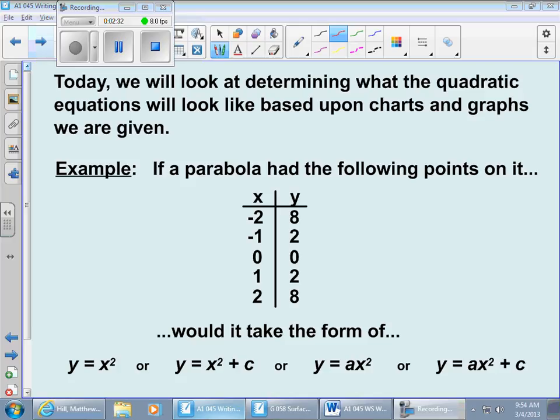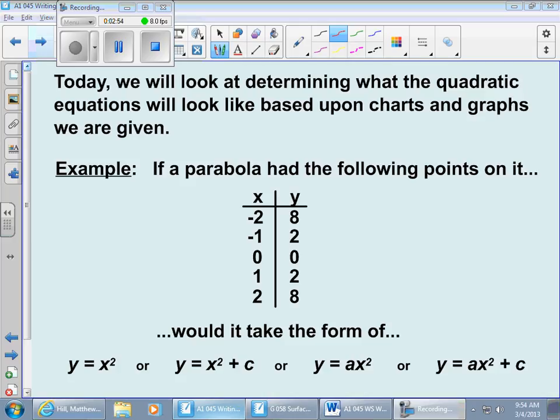There are a couple of things we're going to have to look for. We're going to have to check for a possible vertical shift, to see which equation it might be. We're also going to have to check to see if it has been stretched or compressed. So we're looking to see if we can figure out what might be going on with the variable a and with the variable c.